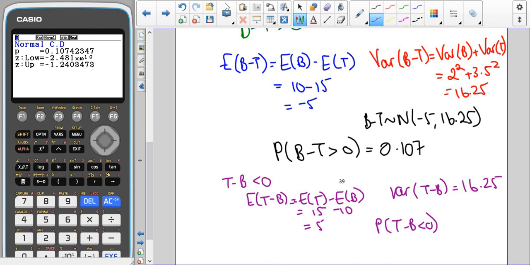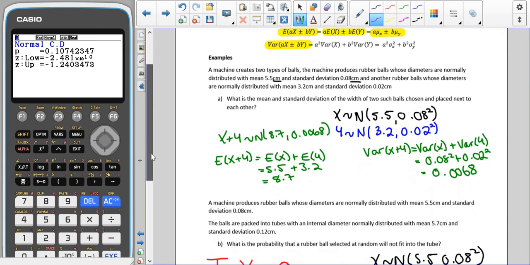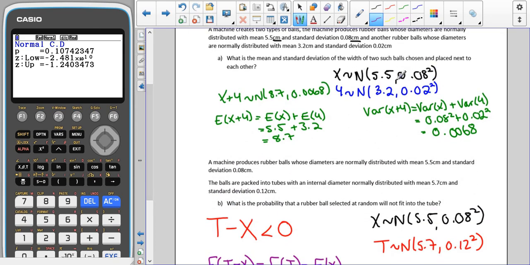You'll notice when we've been doing questions, if I just go back a page, even though I've been given the standard deviation in the question, when we've been finding the new variance, we have been combining the variances. Even when we've been asked to find the standard deviation, you have to find the new variance first and then square root that to find the standard deviation.